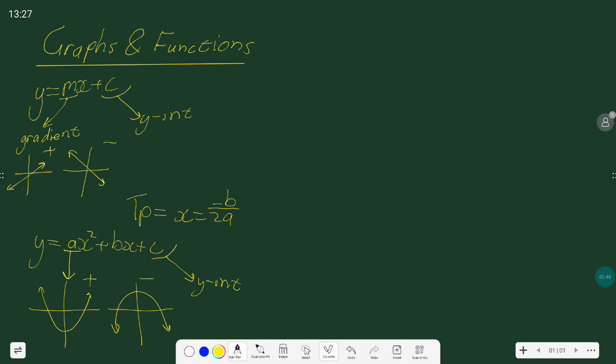Okay. What other functions do we get? So I've got y = a/(x - p) + q. What is the a responsible for?